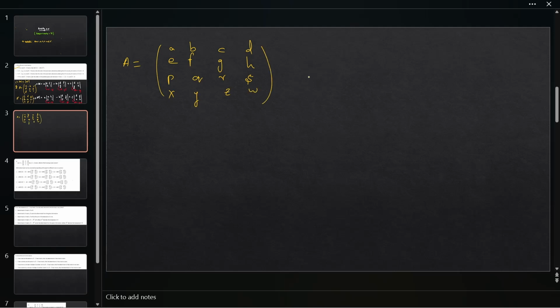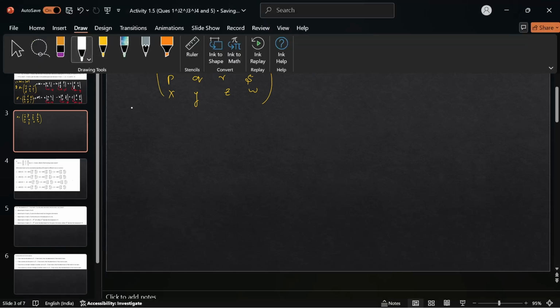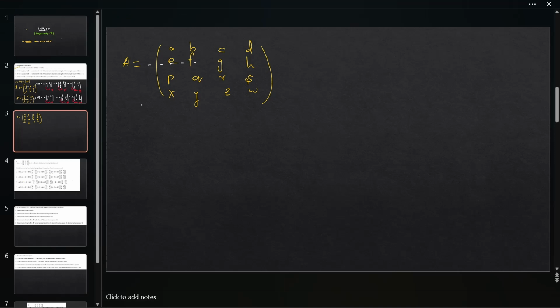If I eliminate any row and any column, for example, I'm taking row 2 and column 3. You can take any column and any row of your choice. First I deleted row 2 and now I'm going to delete column 3.